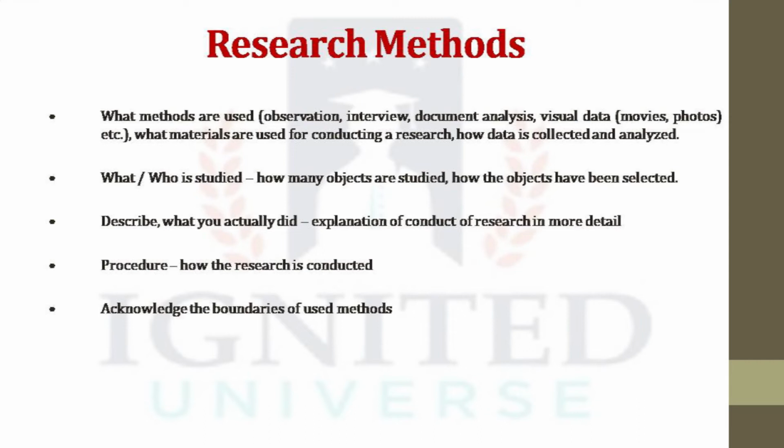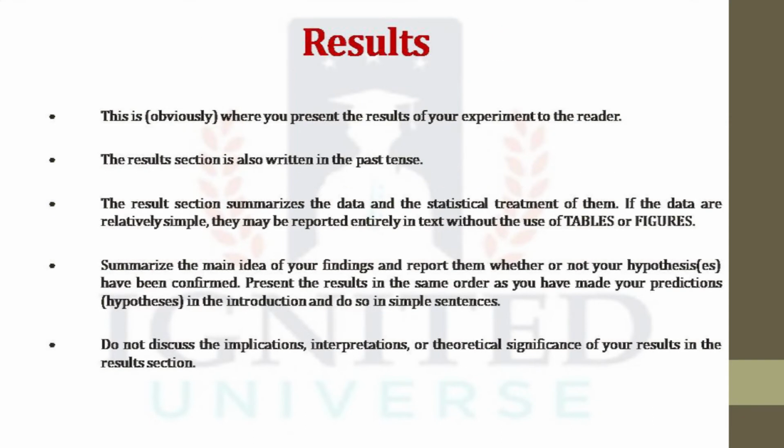And then once you have stated the methods that you are taking up, there comes the result section. This is where you present the results of your experiments. The result section should always be in the past tense. The result section summarizes the data and the statistical treatment of them. If the data is relatively simple, then you can report it via tables or figures.